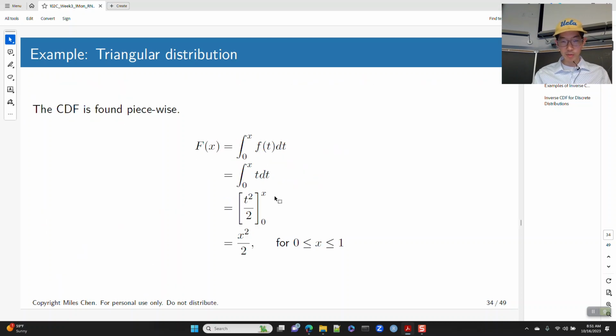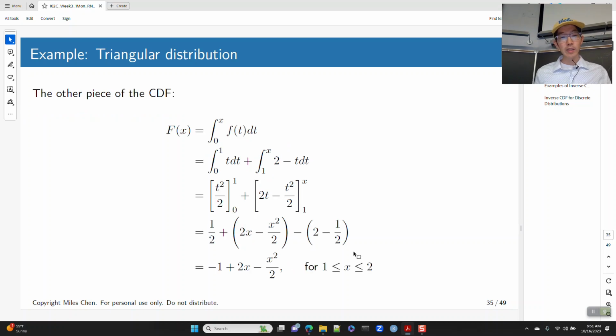Our antiderivative is t squared over 2, evaluated from 0 to x, and we just get x squared over 2. Simple enough, and that's for values between 0 and 1. Then for the other half of the CDF, we integrate from 0 to x of f of t dt.